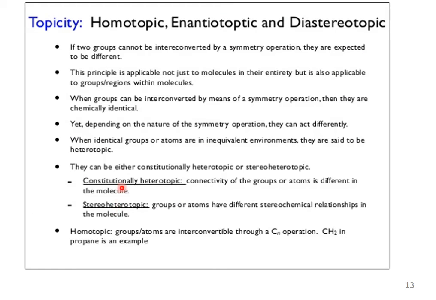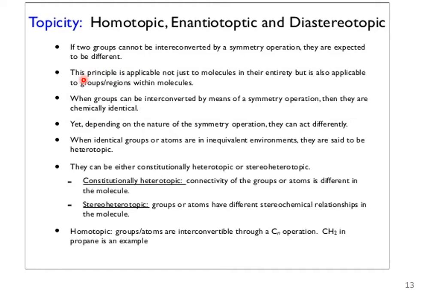Topicity: homotopic, enantiotopic, and diastereotopic. If two groups cannot be interconverted by a symmetry operation, they are expected to be different. This principle is applicable not just to molecules in their entirety, but also to groups and regions within the molecules.